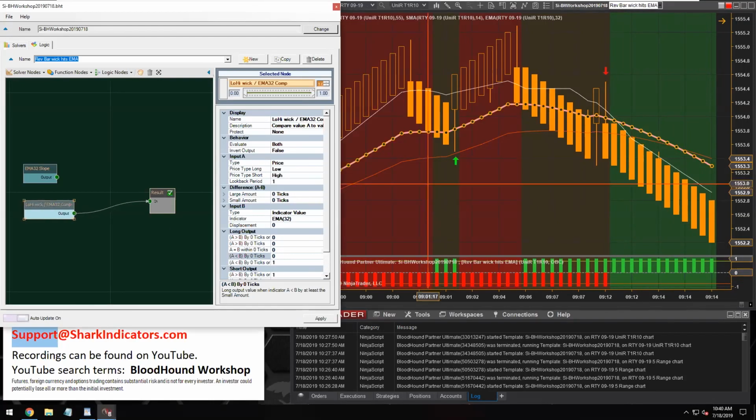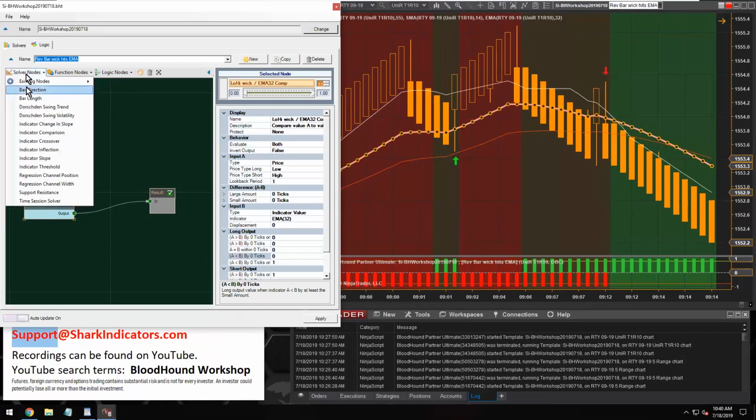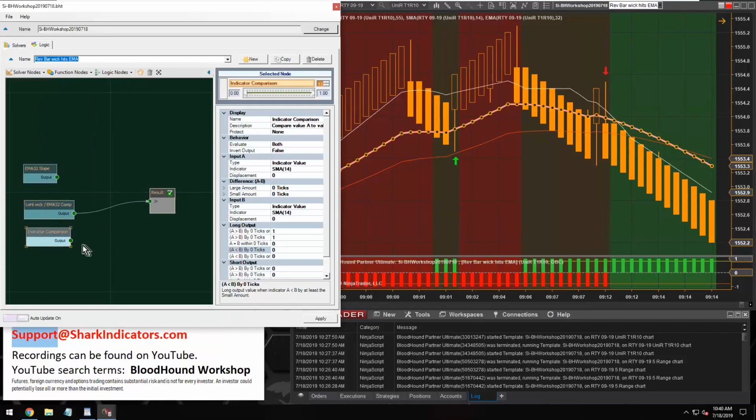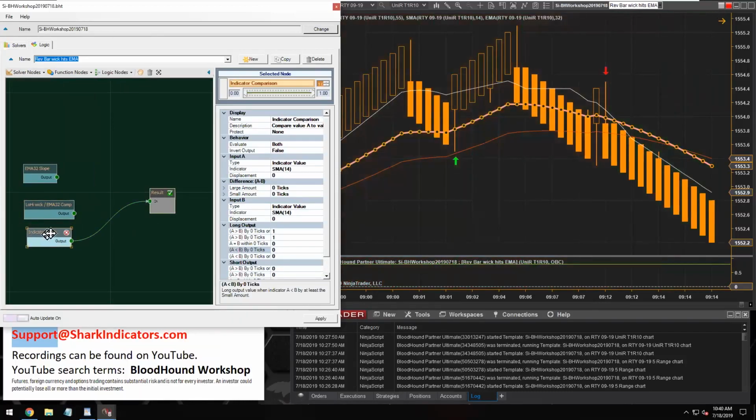Okay, so that's one part of the wick, just the low or the high of the wick. Now we need to check the open of the wick to make this a complete check. So let's grab another comparison solver and connect that up.